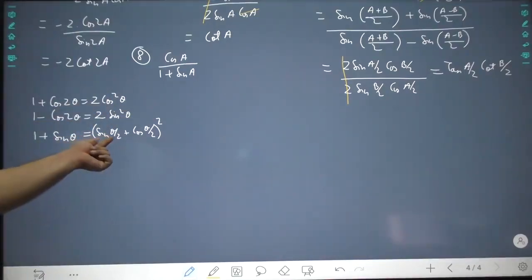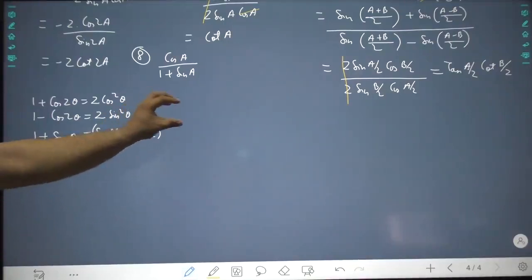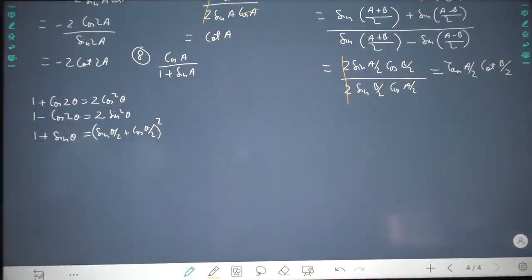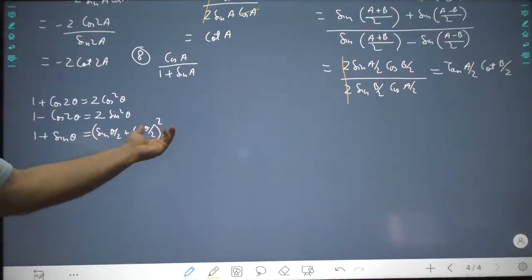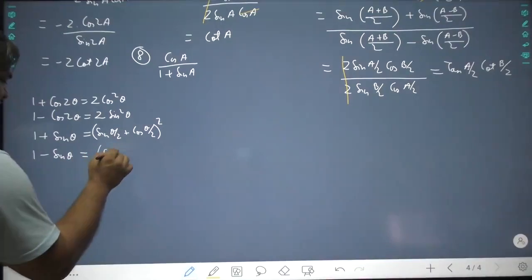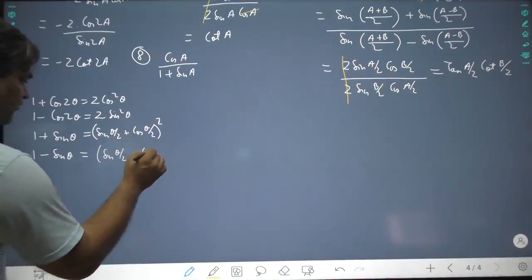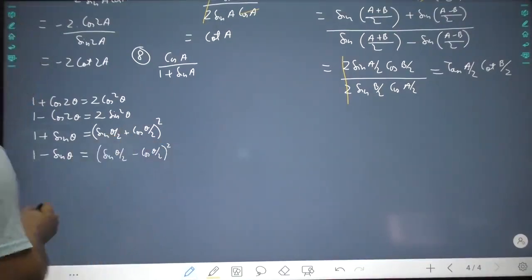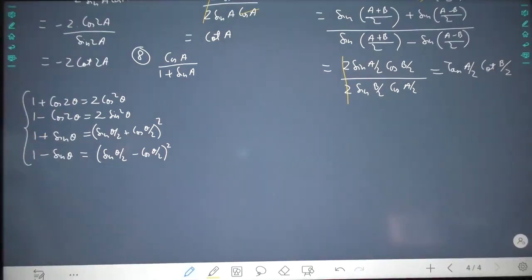Sine square theta by 2 plus cos square theta by 2 plus 2 sine theta by 2 cos theta by 2. Sine square theta by 2 plus cos square theta by 2 is 1, and 2 sine theta by 2 cos theta by 2 is sine theta. Very good. If you have 1 minus sine theta, you can write it as sine theta by 2 minus cos theta by 2 whole square. Slowly, we are developing new formulas.